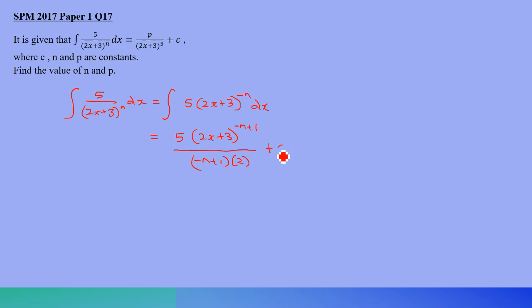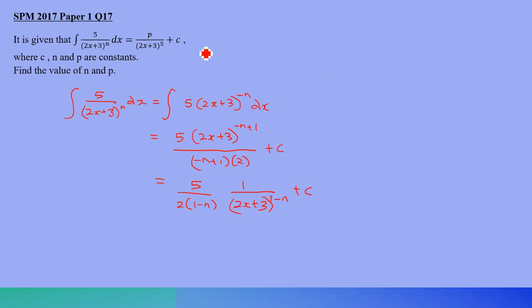And then plus c. So rewriting this in an easier way for you to see, you have 2, 1 minus n, and you have 1 over 2x plus 3 power of negative n plus 1. When you bring it down is 1 minus n plus c.